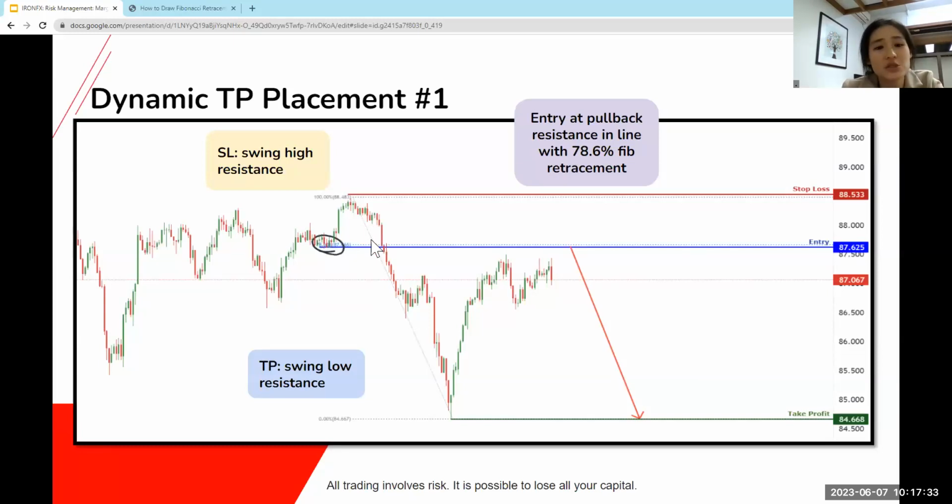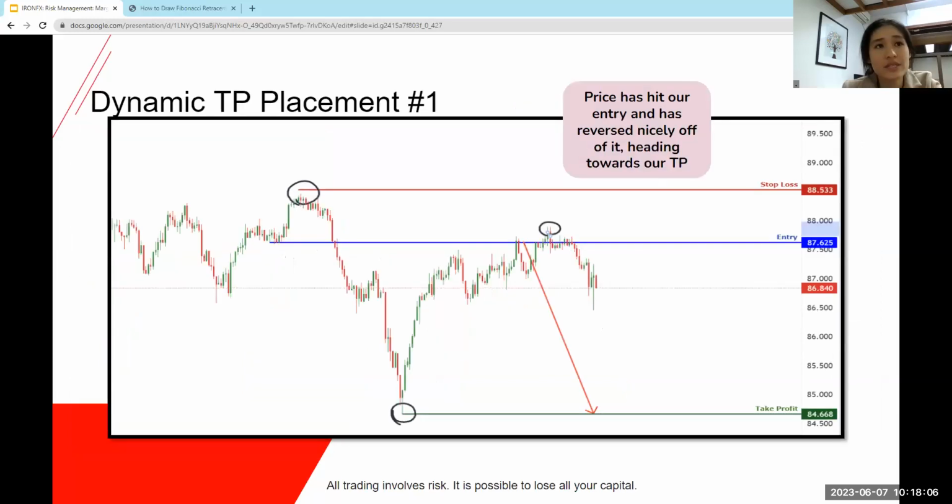That in combination with the pullback resistance, which is our graphical analysis, gives us an idea that this level is a pretty significant level, and chances are price is going to retrace or pull back to this same level. Okay, so that's for our entry. For our stop loss, we're looking at a swing high resistance here, nothing too special, and take profit is our swing low resistance over here.